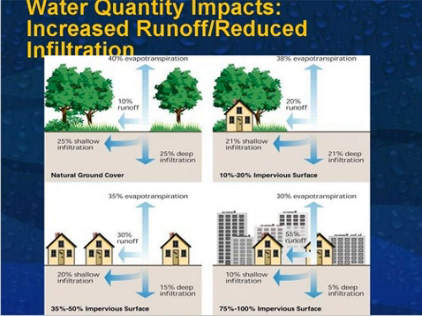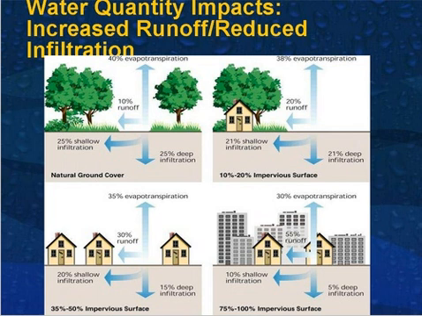And then if you look at the bottom right there, you'll see in a heavily urbanized area where we have, say, 75 to 100% impervious surfaces, we've got dramatically increased runoff, perhaps 55% runoff, and then changes, too, in what's happening with the other parts of the water cycle. I would point out particularly that the amount of water that's going back into the ground that's keeping our aquifers going and things like that is being reduced equivalently.